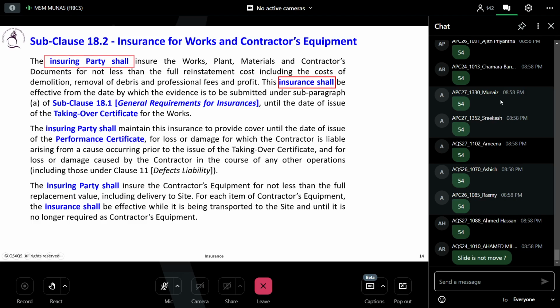So look at this particular subclause: until the taking over certificate for the works. What do you understand, anyone? Until the works are taken over by the employer, the works shall be insured by the contractor.